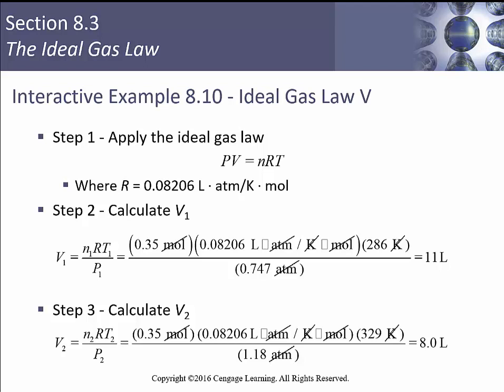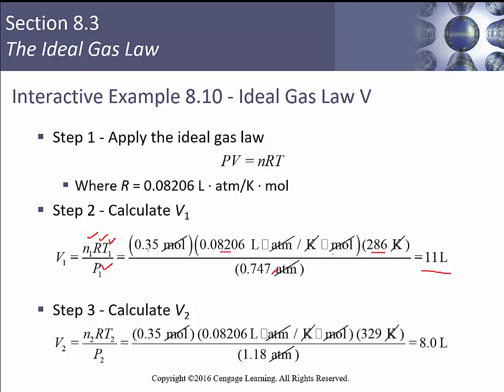We do PV equals nRT. We know n1. We always know R. We know T1 and we know P. So it's 3.35 moles times R, 0.0821 liters atmospheres per mole Kelvin, times 286 Kelvin. All of our units will cancel out, and we're left with 11 liters. We do the same thing for V2.